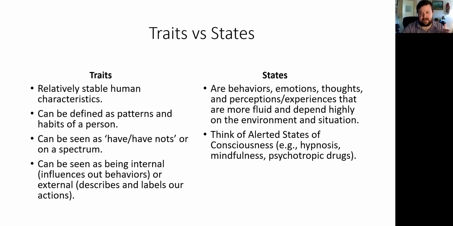Alcohol can definitely influence personality traits. So we're going to have states versus traits. And this leads to the whole concept, well, if traits can vary depending on the psychological and environmental states, are traits an actual thing?